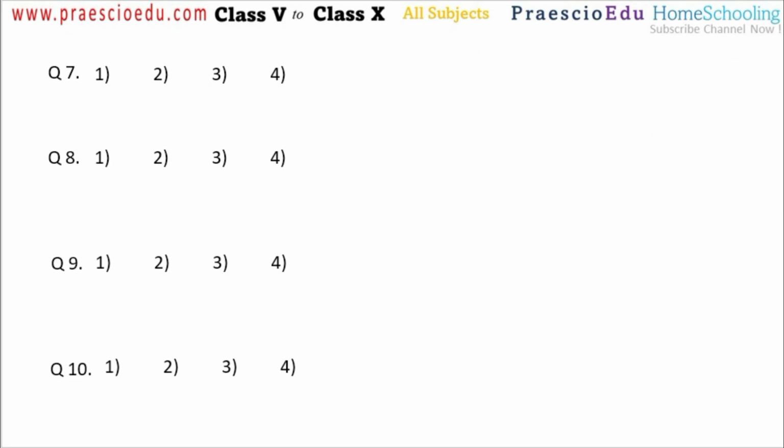Now question number 7: 16 by 31 plus 19 by 31 minus 14 by 31 is equal to how much? In this one, first we will carry out the addition, because it is on the left side, and as per the BODMAS rule also we first carry out the additions.